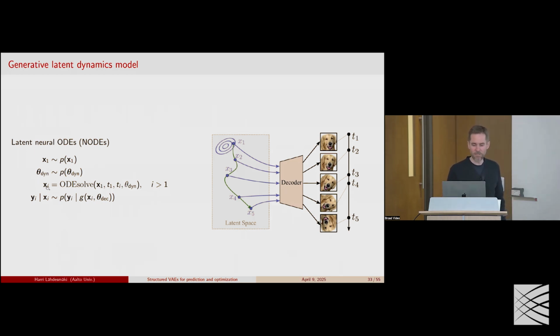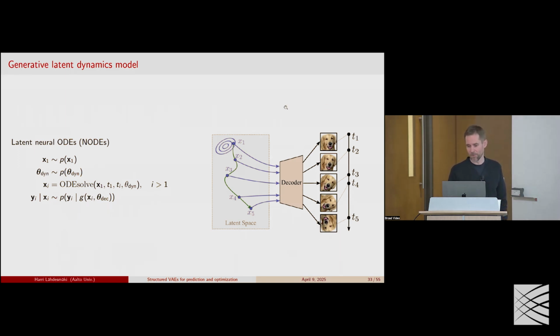And then we solve the intermediate or later time points by solving the initial value problem of the dynamical system, essentially numerically solving the ODE system in the latent space, starting from the initial state all the way to the later time points, t_i. For each of the measurement time points, we then decode the data using the decoder function with samples from the exponential family distribution.